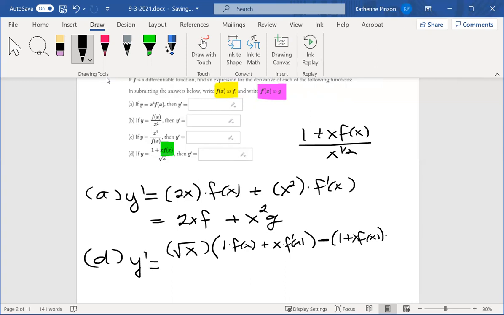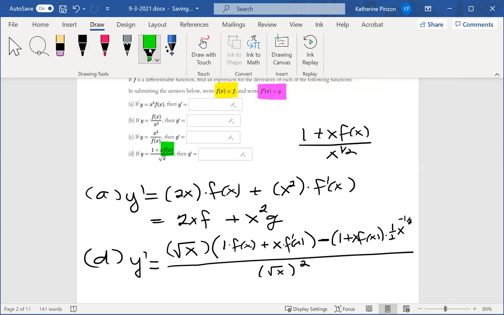Derivative of x to the 1/2 is 1/2 x to the negative 1/2. 1/2 minus 1 makes negative 1/2. All divided by the bottom function squared.